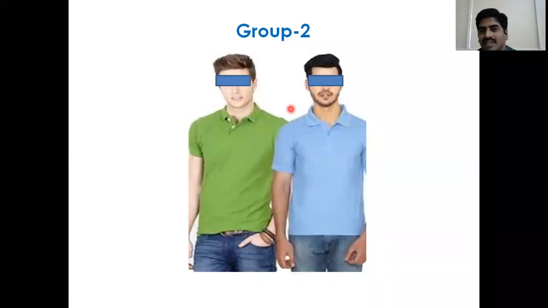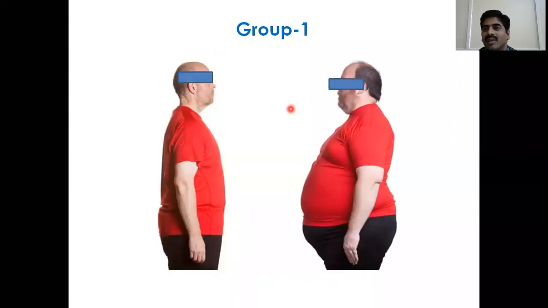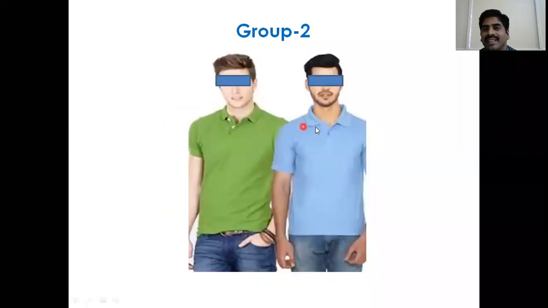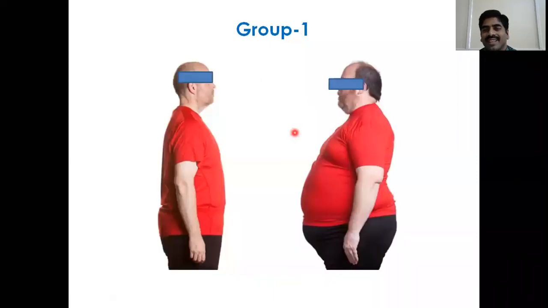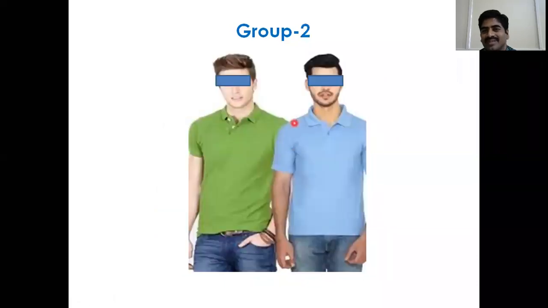So the response is group 1. First we have to ask, what is the variable? Suppose if you take height here, the deviation is 0, and here also deviation 0. If you take weight, this group has more deviation than this group.